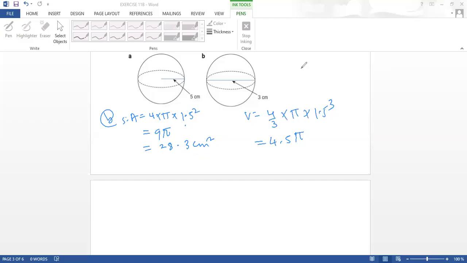If you're doing it analytically, 1.5 times 1.5 times 1.5, this one is 0.5. And if you multiply this and this, they just give you 2. And then this one, we said it is 2.25. So when you multiply by 4 previously, it gave us 9 pi, but now we are multiplying it with 2, so it would give us half of 9 pi, which is 4.5 pi.